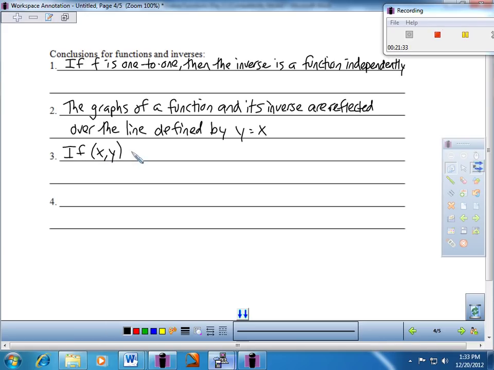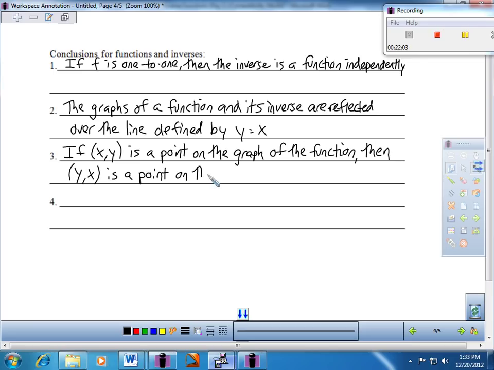If x, y is a point on the graph of the function, so another if-then statement here, then very simply, those numbers switch, and so y, x is a point on the graph of its inverse.